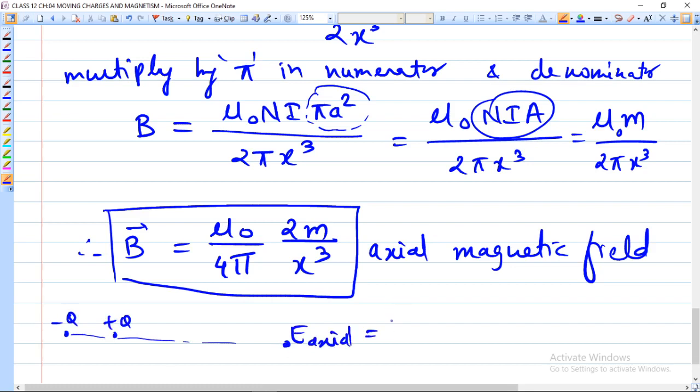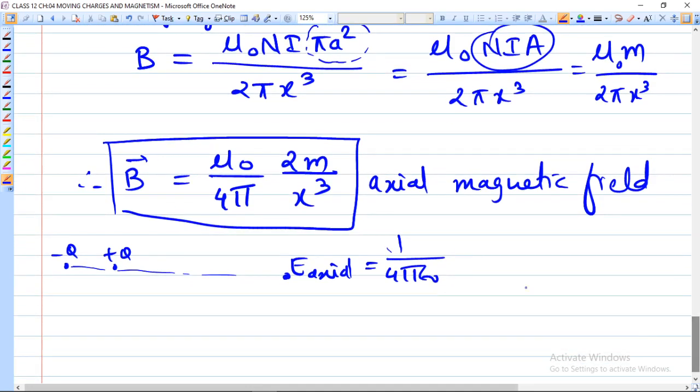It was 1 upon 4 pi epsilon 0, which is k, times 2p upon x cube, so 2kp upon x cube, right?